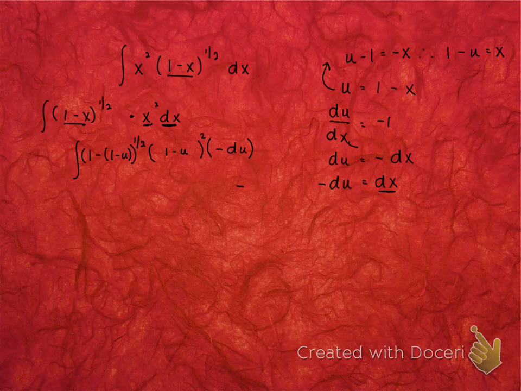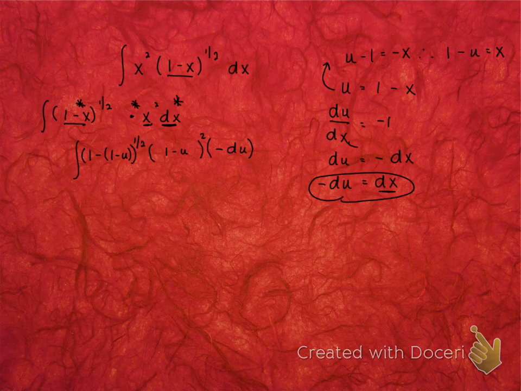Okay, so now we've made a replacement. Everything needs a replacement. The dx needs a replacement, that x needs a replacement, and that x needs a replacement. Okay, the dx we found right there. Dx is equal to negative du.